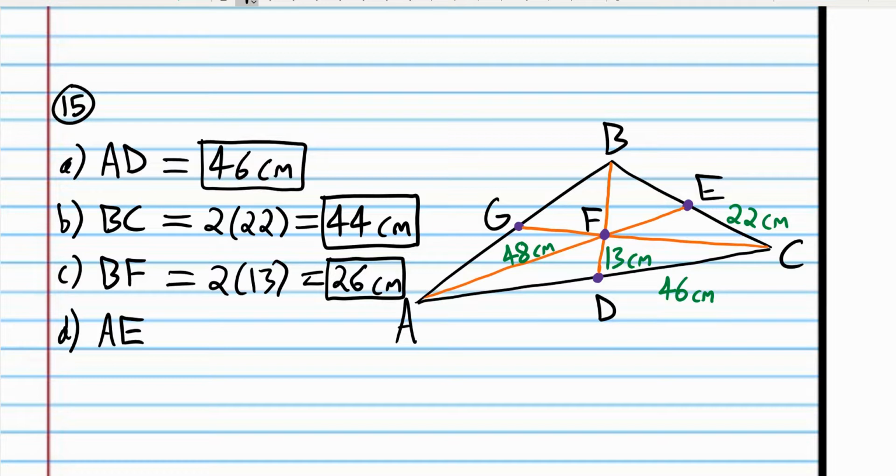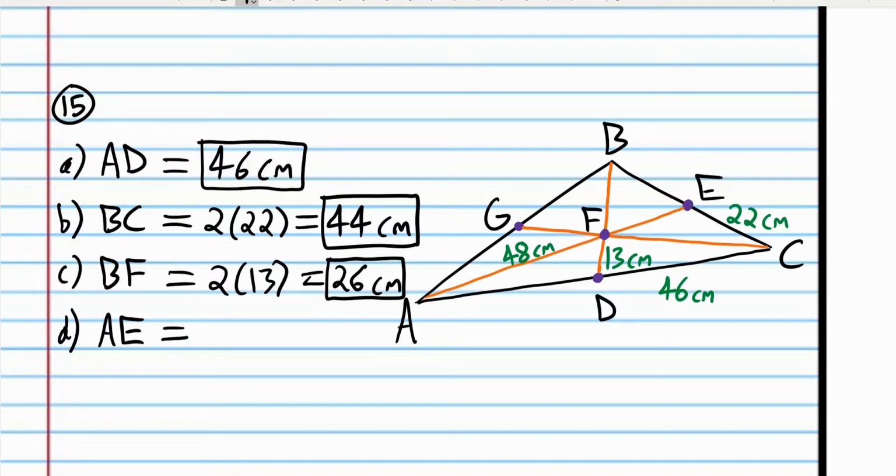AE, that's the total length here. So this length represents 2/3, and this length represents 1/3. So take 2/3 divided by 2, that's 24. This length would be 24.